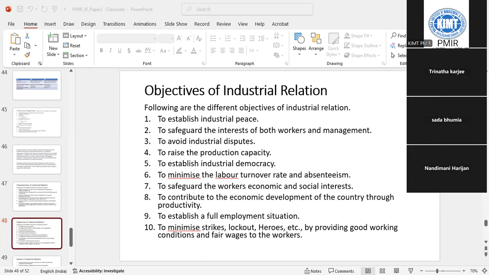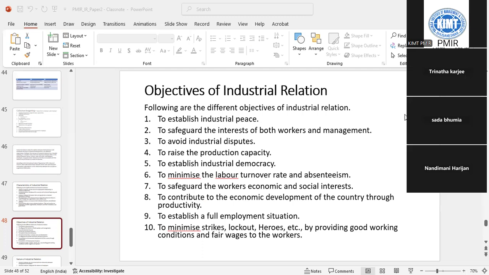That is one objective, where you are ensuring everyone is working, everyone is good, working in fruitful productivity.